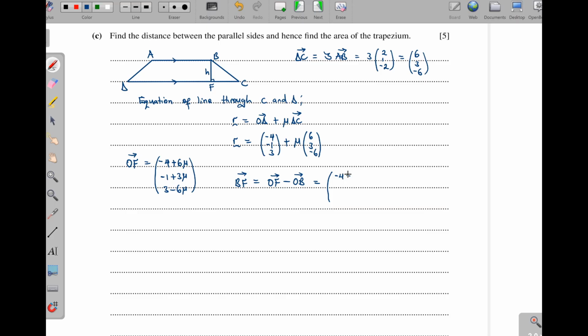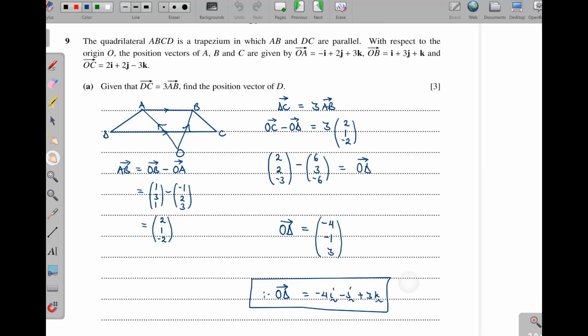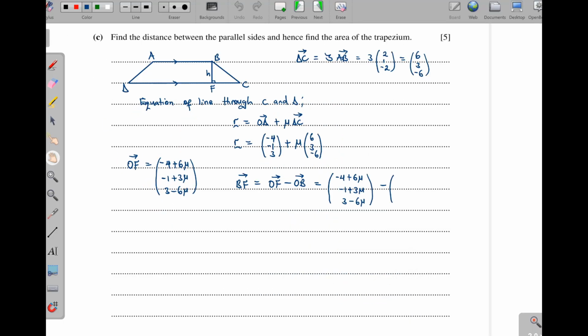It is negative 4 plus 6 mu, and then negative 1 plus 3 mu, then 3 minus 6 mu. Then we subtract our OB. We were given OB when we check here, it is 131.